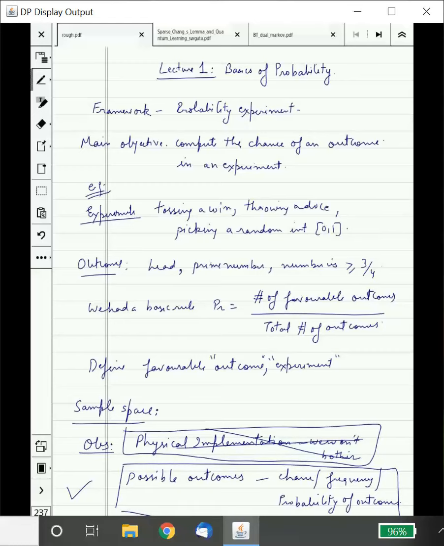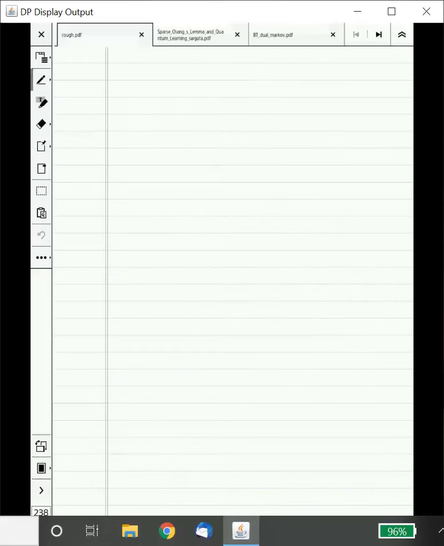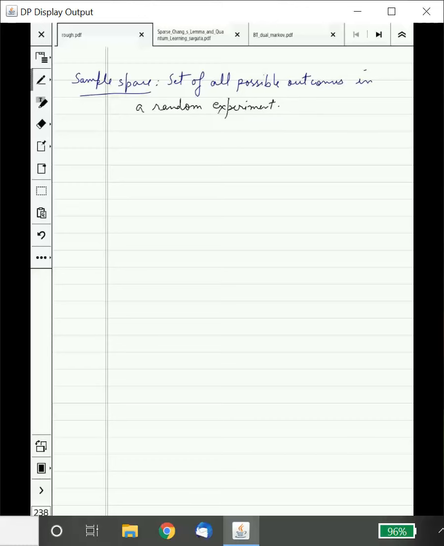Okay. Once we know this, then the importance of sample space kind of comes out. What is a sample space? It is just the set of all possible outcomes in a randomized experiment. So we want to model a random experiment. So the first thing is to say what are the outcomes we can achieve.